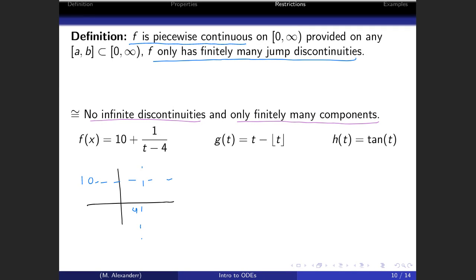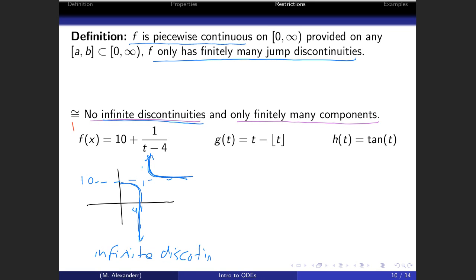The blue solid part is the graph of the function. And what do you notice about this blue function? We said that we do not want infinite discontinuity, and you have this infinite discontinuity. So that's a bad thing. This means that this blue function cannot be plugged into the Laplace transform.